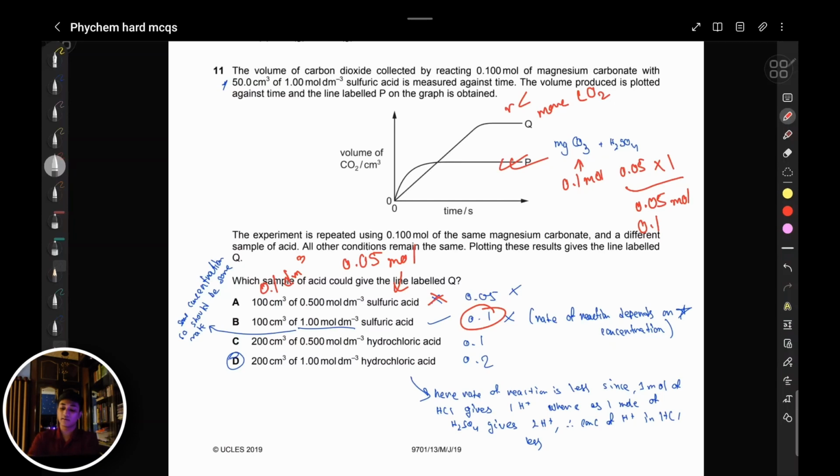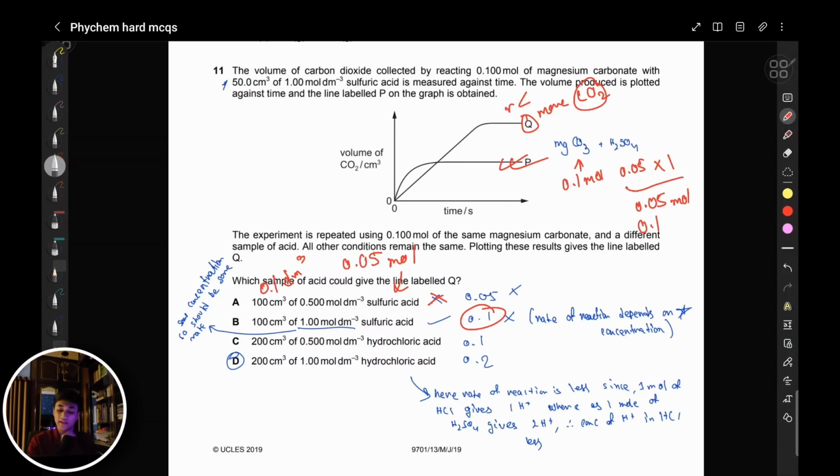Now this is viable. Why? 0.1 moles of H2SO4 could give double the amount of CO2. So this seems quite viable.